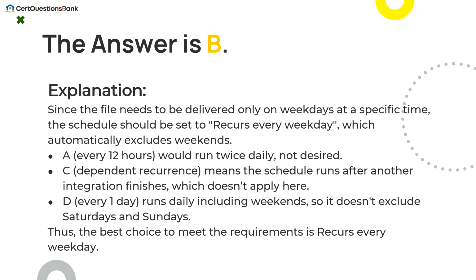C. Dependent recurrence means the schedule runs after another integration finishes, which doesn't apply here. D. Every 1 day runs daily including weekends, so it doesn't exclude Saturdays and Sundays. Thus, the best choice to meet the requirements is recurs every weekday.